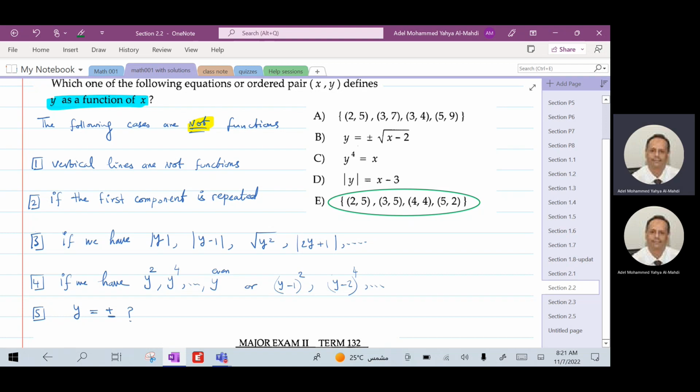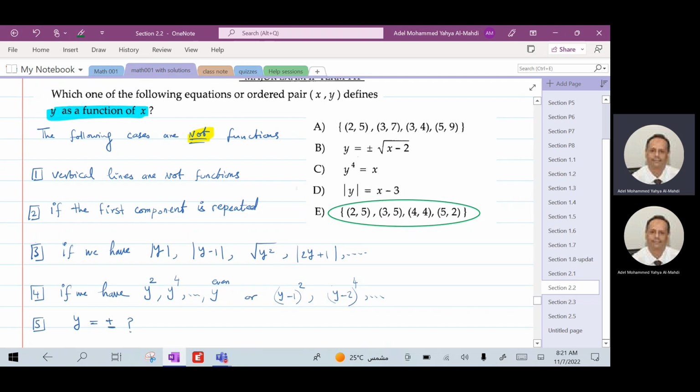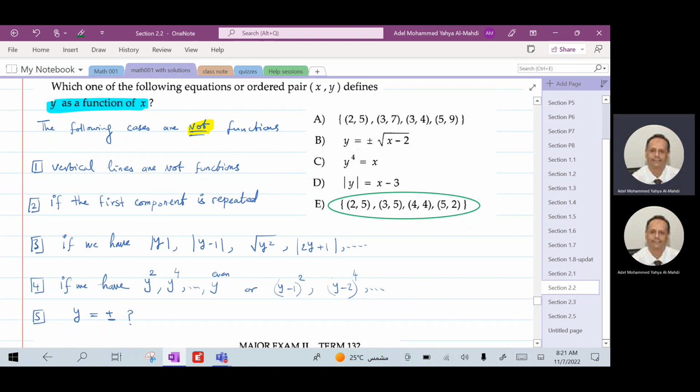So for example, in this question, which one is a function? E is a function. Why E? We need to check whether the first component is repeated or not. Here, 2 is not repeated, 3 not repeated, 4 not repeated, 5 not repeated, so it is a function. D is not a function because we have absolute value of y. C is not a function because y to the power 4.